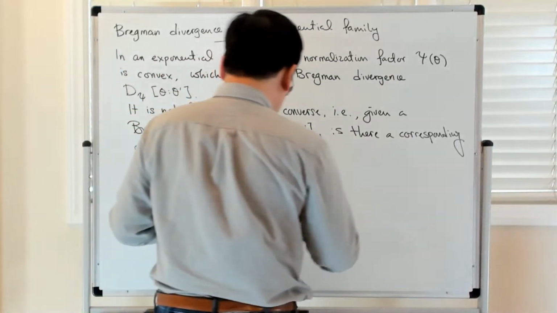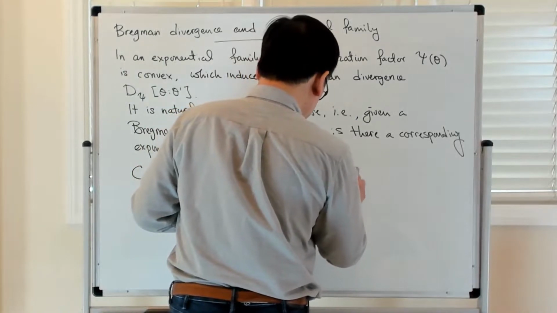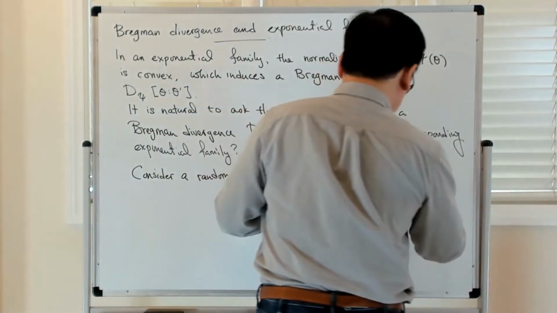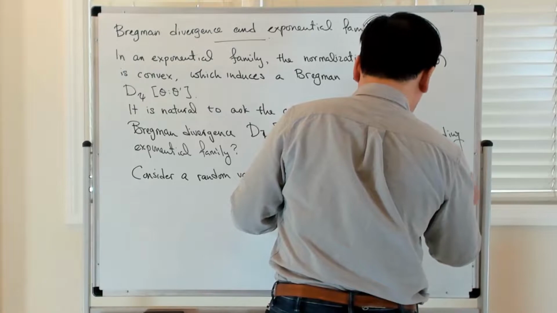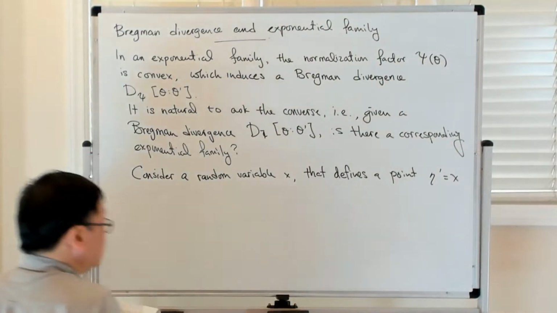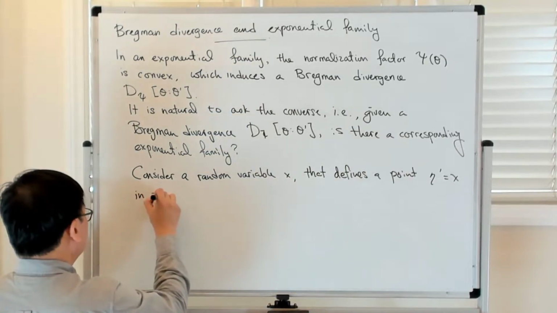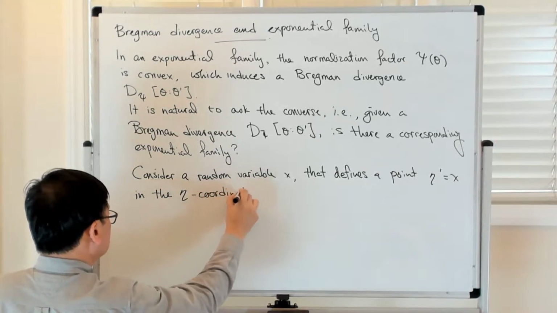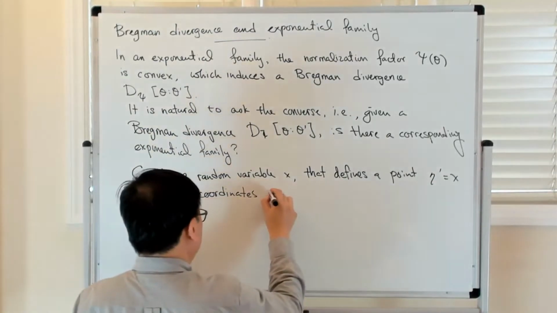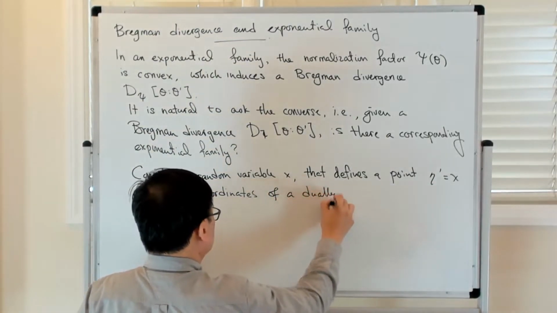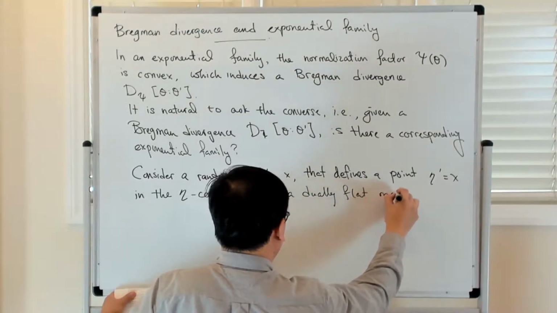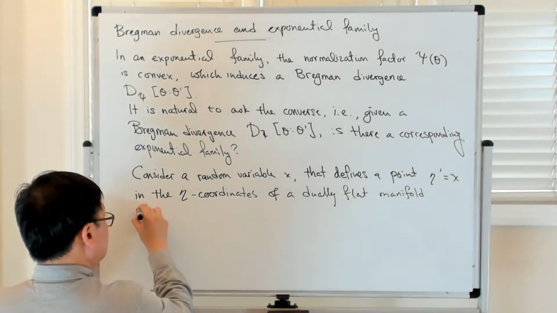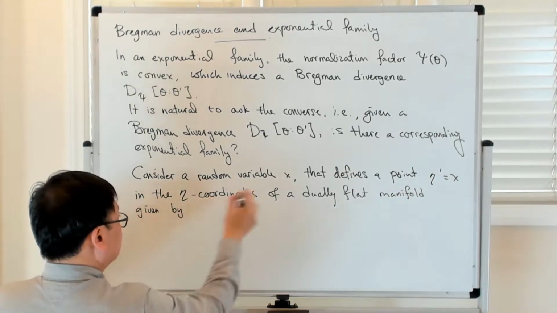So that defines a point, let's call it eta prime equals x, in the eta coordinates of a dually flat manifold given by this convex function.